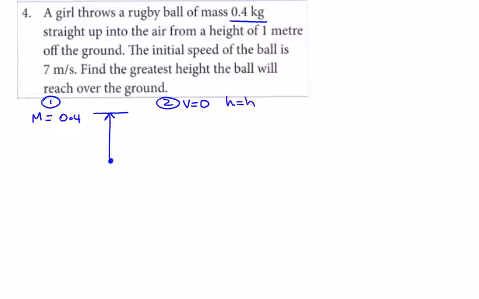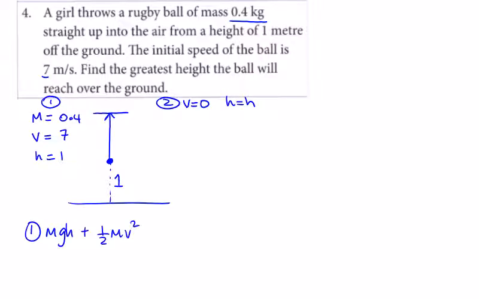So h is equal to h over from position 1 from down here. You have v, 7. And its height is 1 meter above the ground, so h is equal to 1. So for position 1, mgh plus a half m v squared becomes 0.4 g times 1 plus a half times 0.4 times v squared, which is 49.